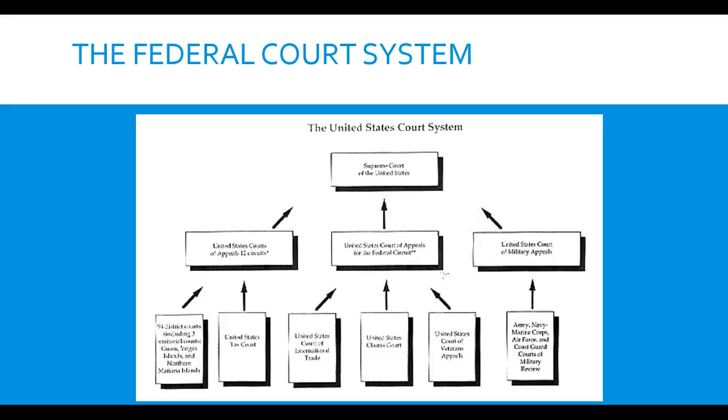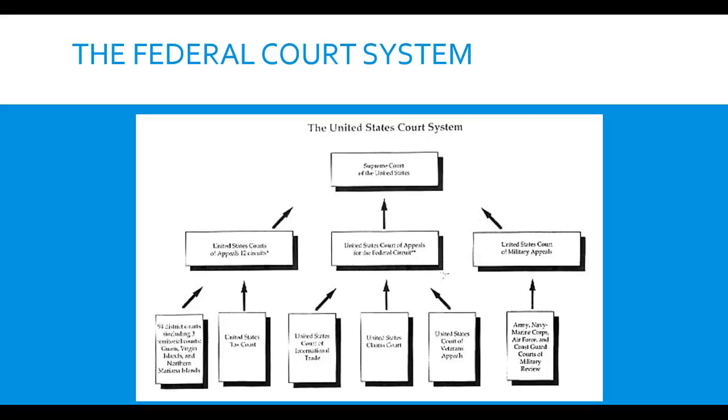This slide gives you a really good picture of the federal court system. You see the top law of the land is the Supreme Court of the United States. And then you see the various intermediate courts: military appeals, the U.S. Court of Appeals for the Federal Circuit, and the United States Courts of Appeals for the 12 circuits.